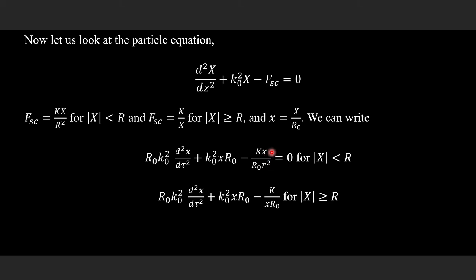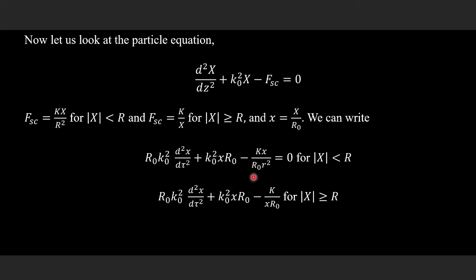Now we have kx over r naught r square is equal to 0. That's for x less than r. Again, we just have substituted, multiplied and divided by r naught, and we get small x, and r naught is left because of the r naught that we had in the denominator.